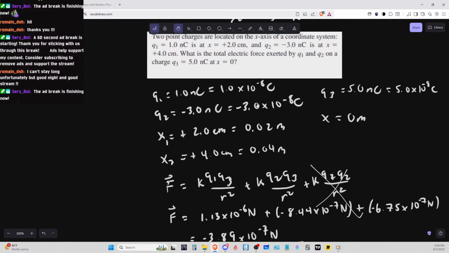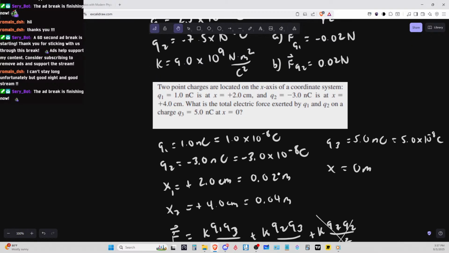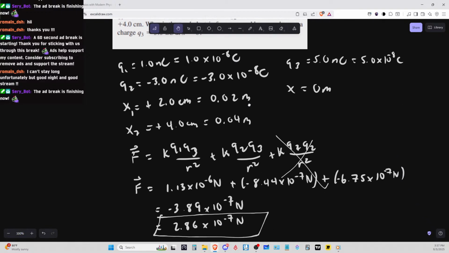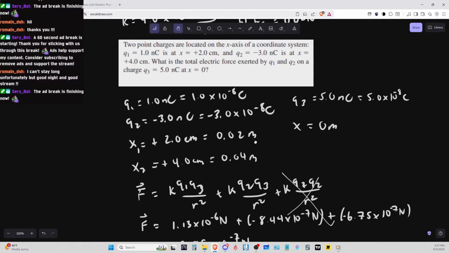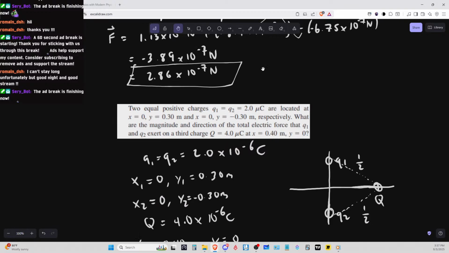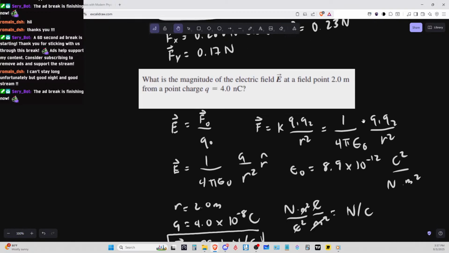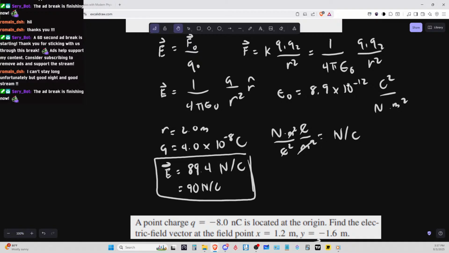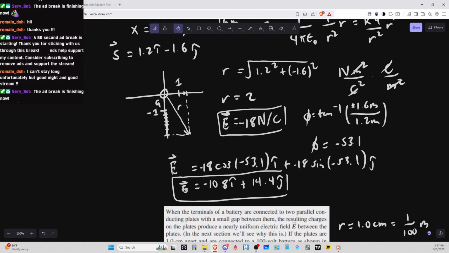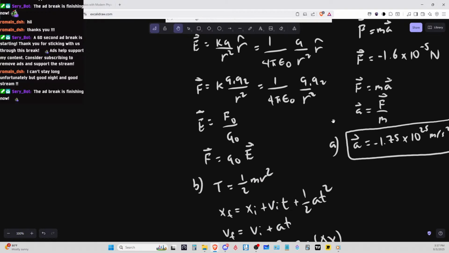Yep. I knew it. When I was doing these types of problems, I realized that I was screwing up. So I have to remember that nanocoulombs is 10^-9, not 10^-8.